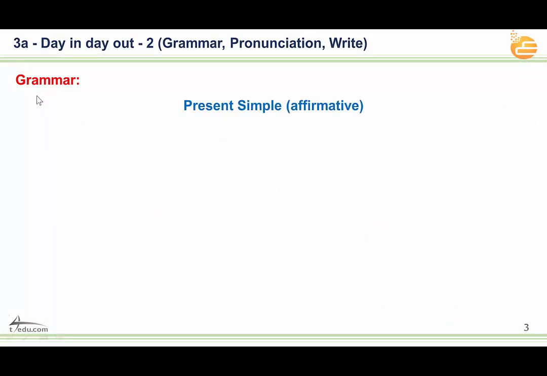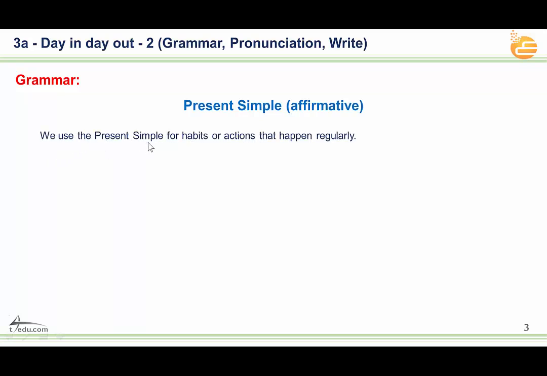So now we will start with the grammar. We will talk about the present simple tense, the affirmative sentences. What do we mean by present simple tense?